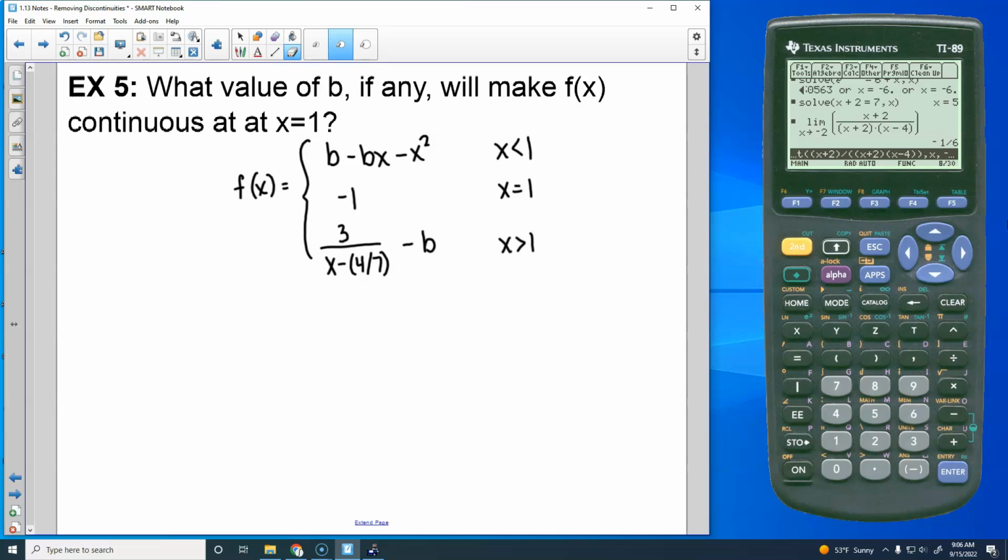Alright, this one, we want to know what value of b, if any, will make f of x continuous at x equals 1. Alright, so, what value do I need the limit from the left and the limit from the right to equal?